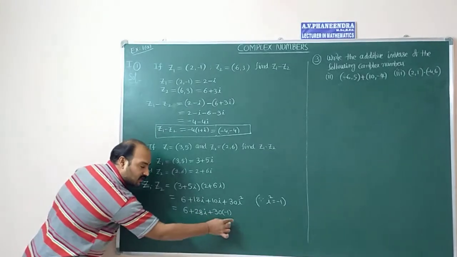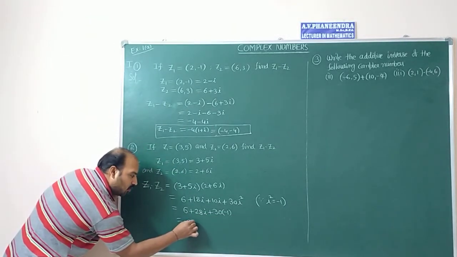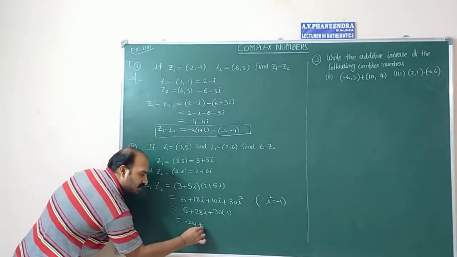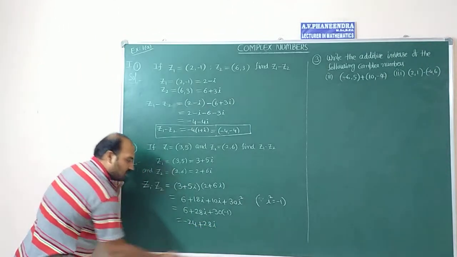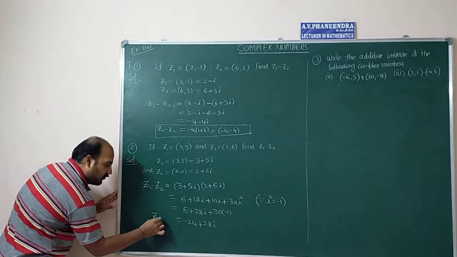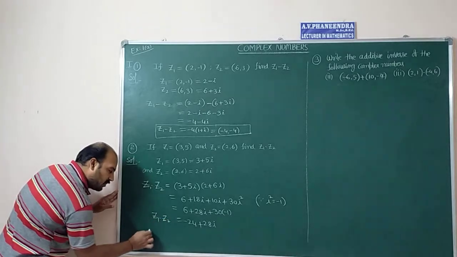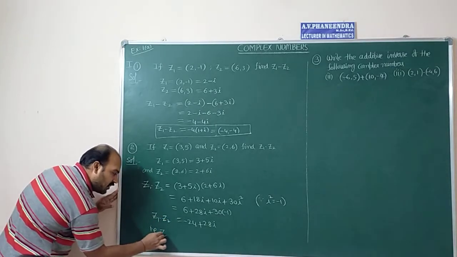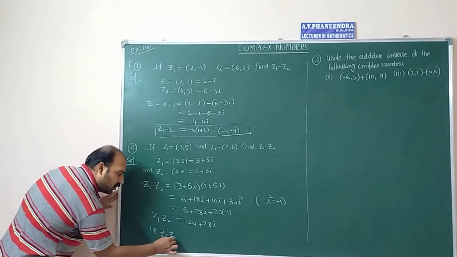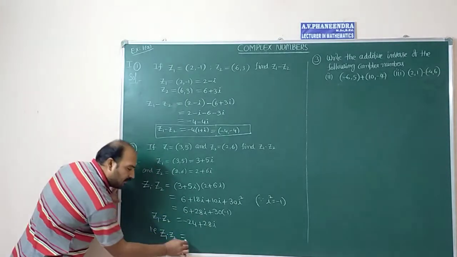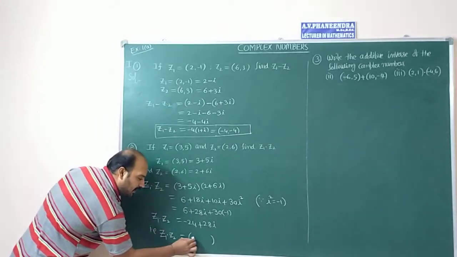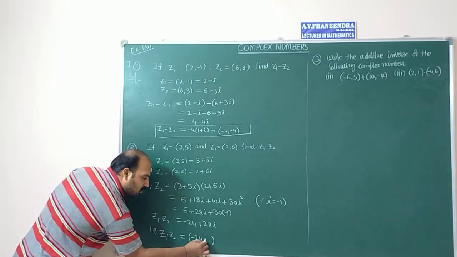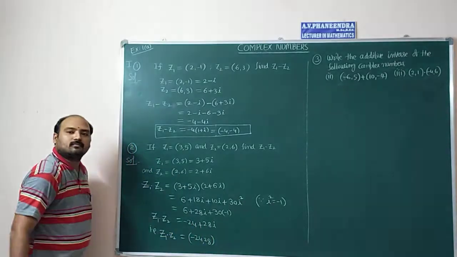Therefore 6 minus 30, which is equal to minus 24 plus 28i. This is the value of z1 into z2. The product of two complex numbers can be written in the form of an ordered pair as minus 24 comma 28.